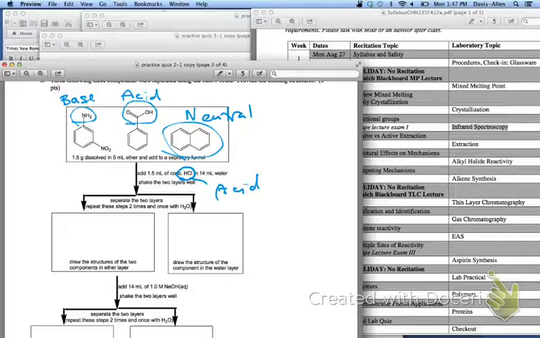So what do bases do? They have to accept those protons. What part of that base structure did we say was the base? The NH2. So what happens, and we've got to make sure we find the layers properly, is that I run this reaction. Just going to draw a little circle there.